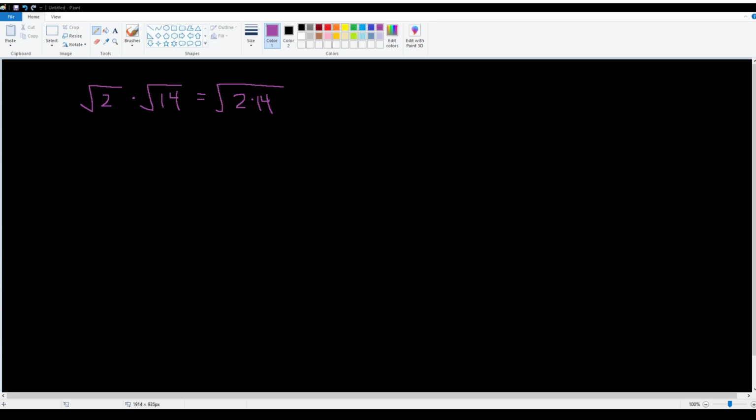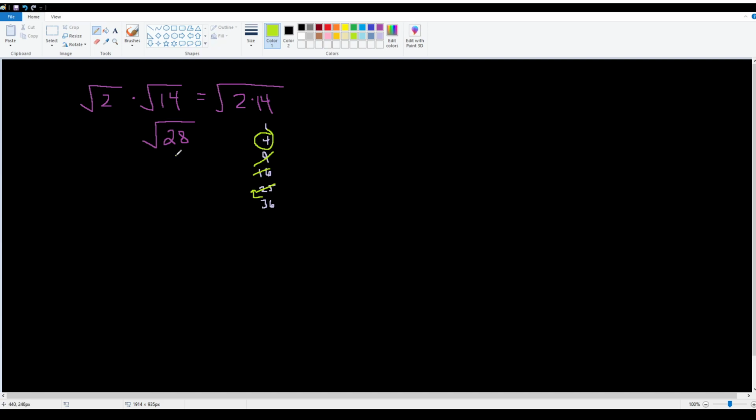Now we just have to figure out what 2 times 14 is, and that's just a simple calculator problem. 2 times 14 should give us 28. So I now have the square root of 28. And now I can just go back to what we were doing before with our perfect squares, trying to figure out which one is my greatest perfect square. 28 divided by 25, not a whole number. 28 divided by 16, no. 28 divided by 9, no. But 28 divided by 4, that's going to give me 7.